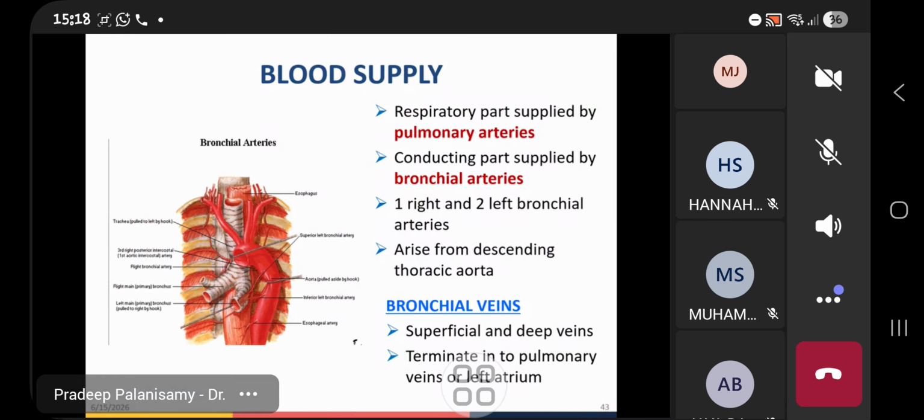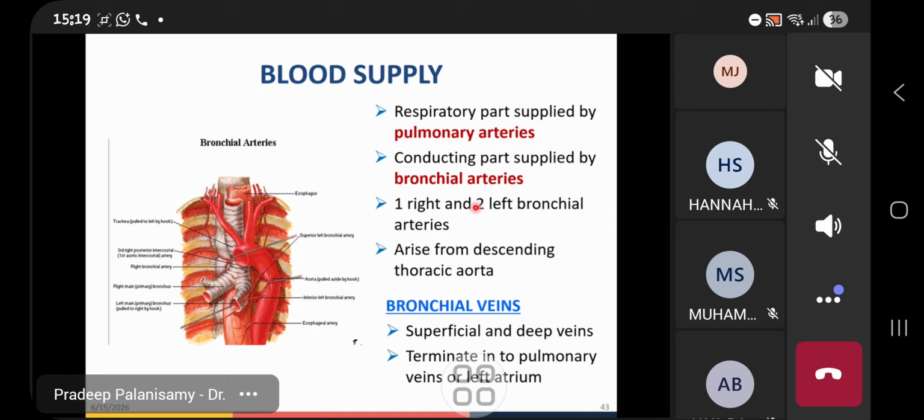Blood supply, like normally lungs will be supplied by two types of arteries. Pulmonary artery is going to be bringing in the deoxygenated blood, right? Because they supply the respiratory part. That is where exchange of gases will be taking place. So the pulmonary arteries will be bringing in deoxygenated blood, while the bronchial arteries will be bringing in the oxygenated blood to all the other cells in the lungs.